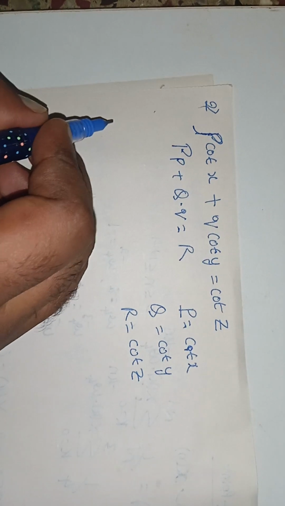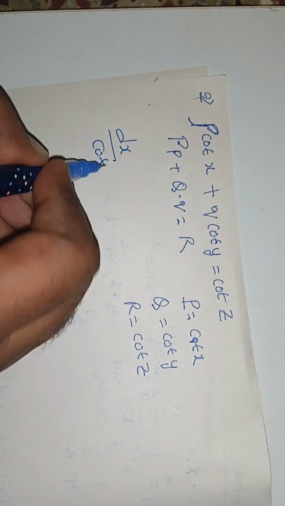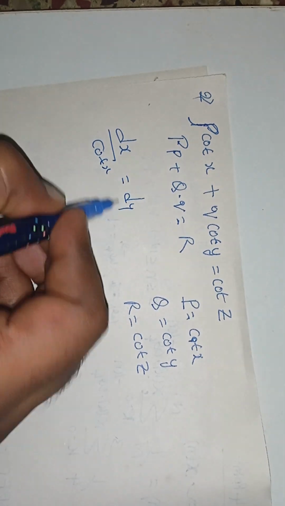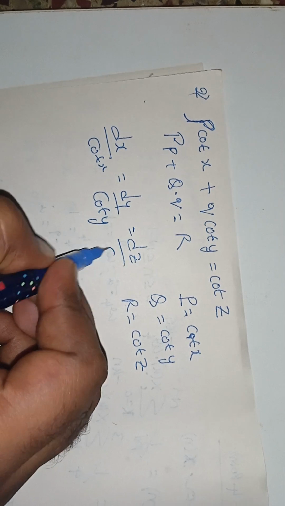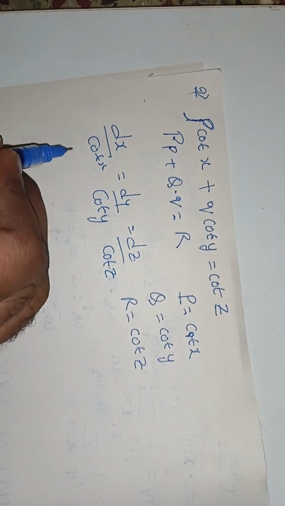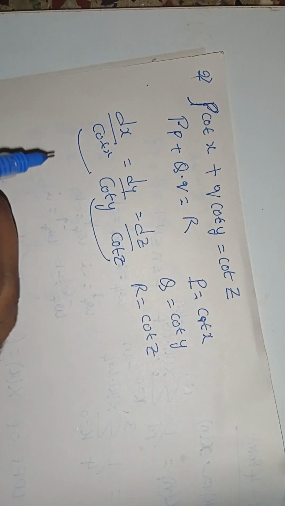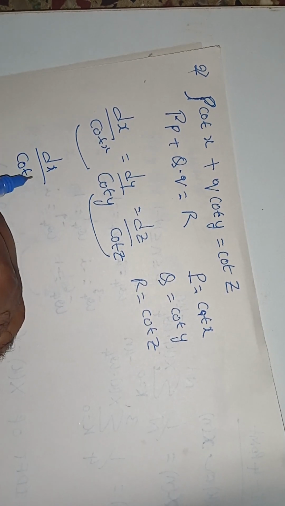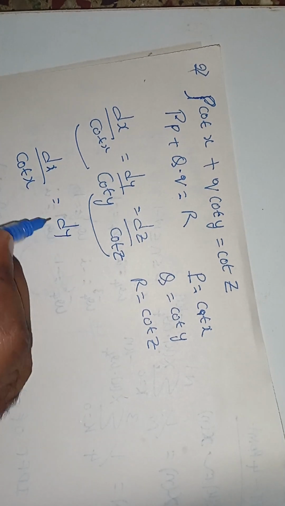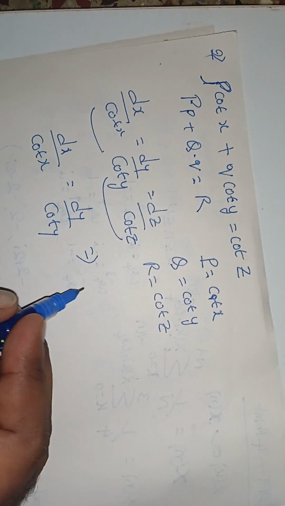So if I take the auxiliary equations, it is dx by cot x is equal to dy by cot y is equal to dz by cot z. So you take two at a time. So it is basically dx by cot x is equal to dy by cot y. You take reciprocal of cot.